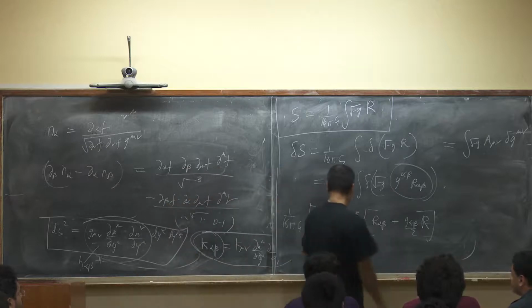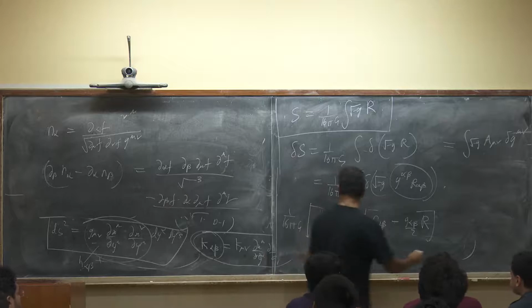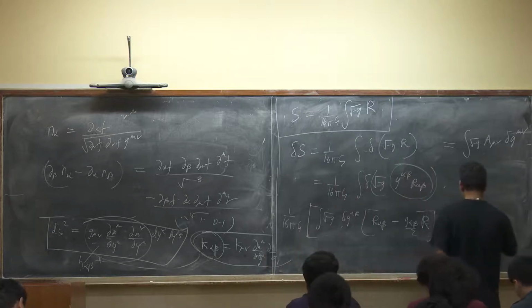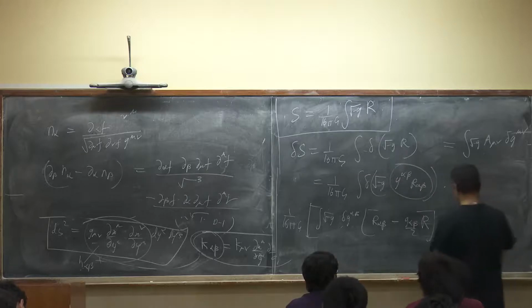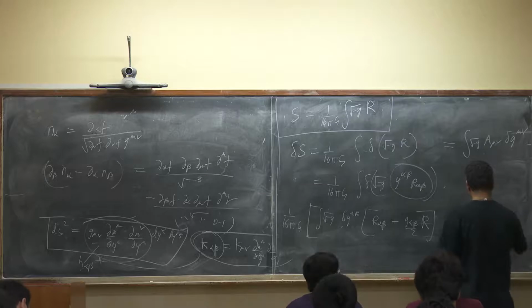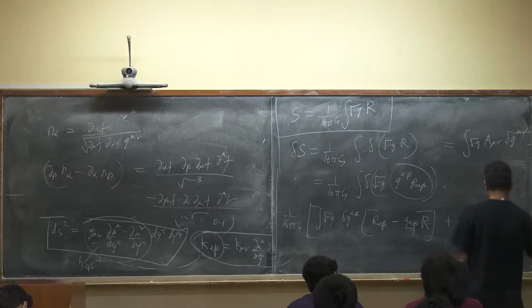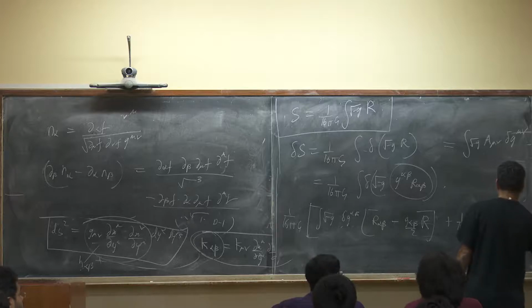And then there is the additional term, which is plus 1 by 16 pi G square root minus g delta g alpha beta delta of R alpha beta.